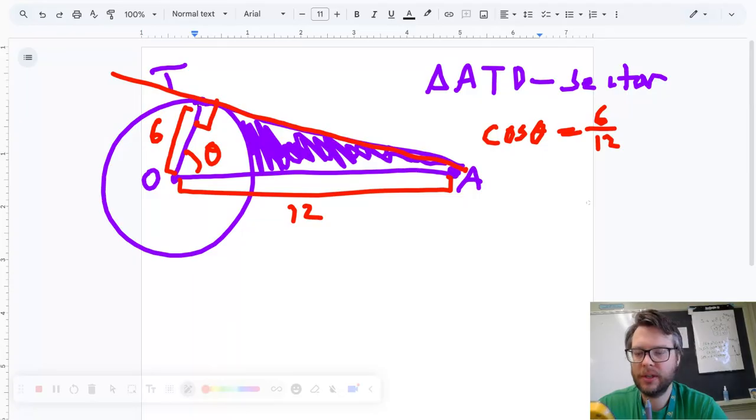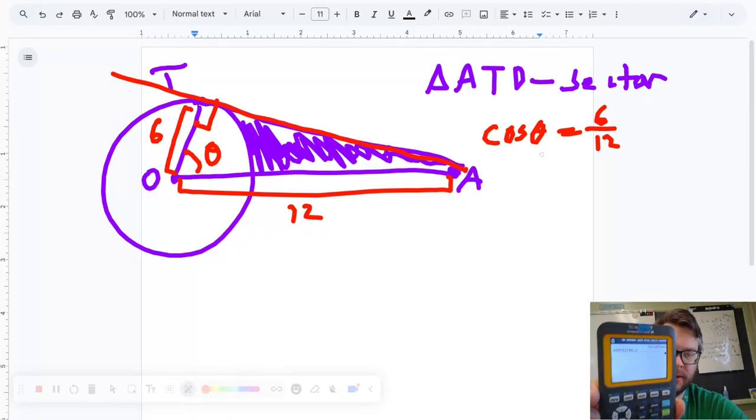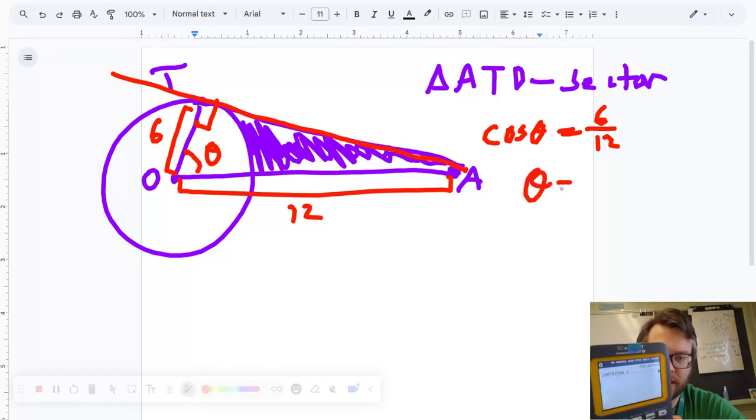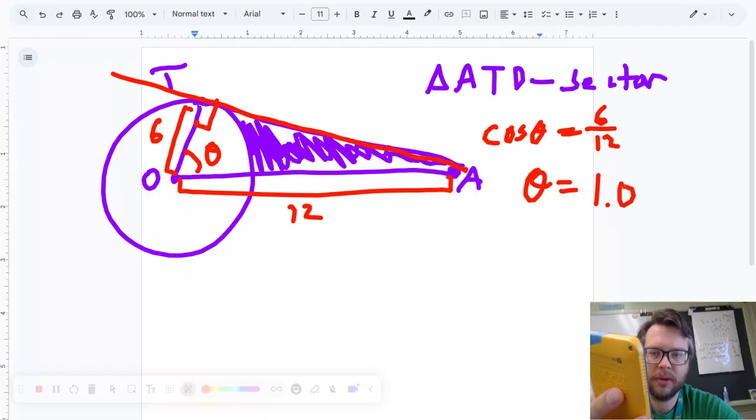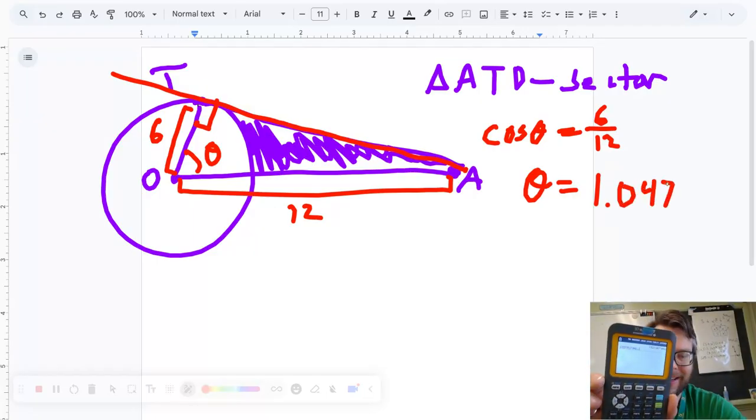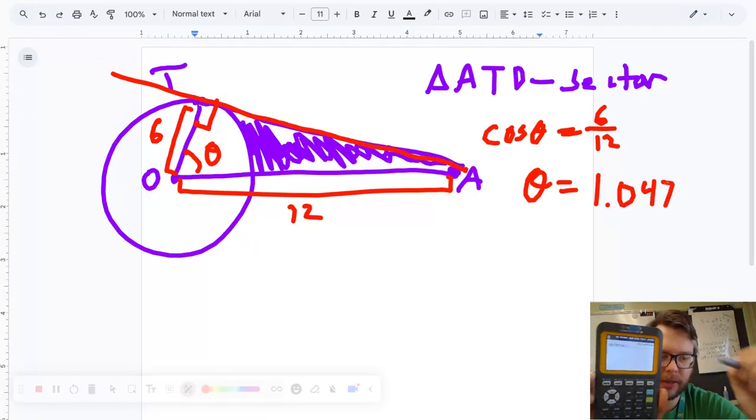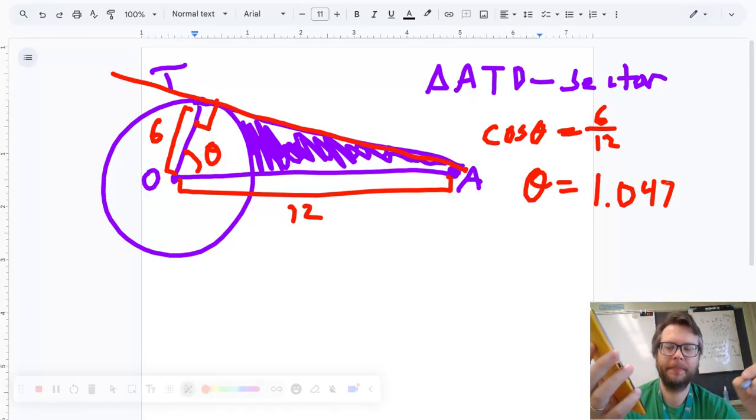So I'm going to do inverse cosine of 6 over 12. You could have reduced that to be a half. So we get that theta is about 1.047. I'm not going to round that answer when I do my calculations. I'm going to try to save it.